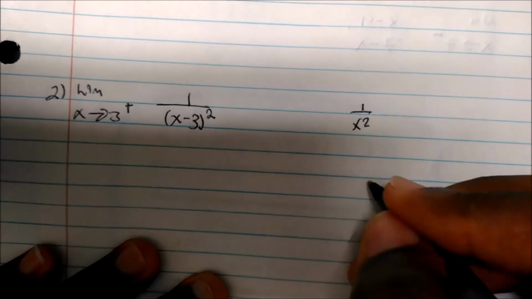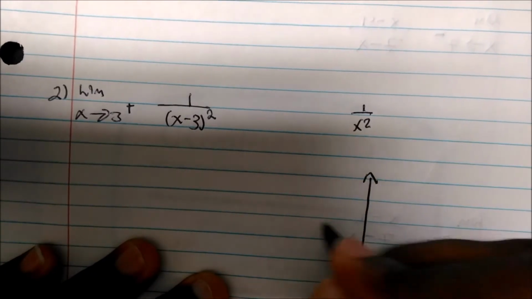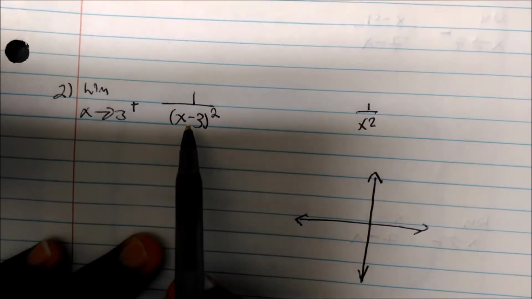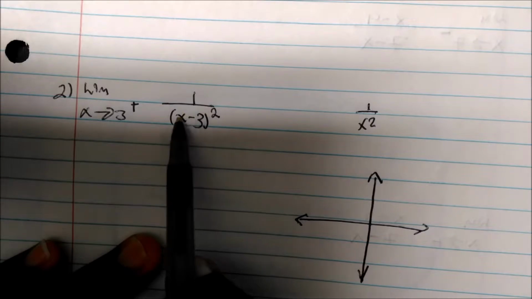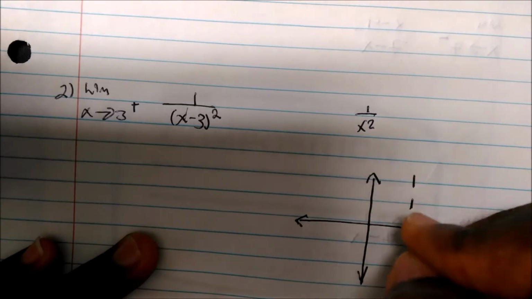All right, and this is your function 1 over x squared. Again, knowing how your function looks makes your calculus much easier in these types of situations. And so we could see that we're going to have a vertical asymptote where x is equal to 3, because if we plug in 3 here, 3 minus 3 is 0. 0 squared is 0, and so we can't divide by 0. So we're going to have a vertical asymptote at 3.